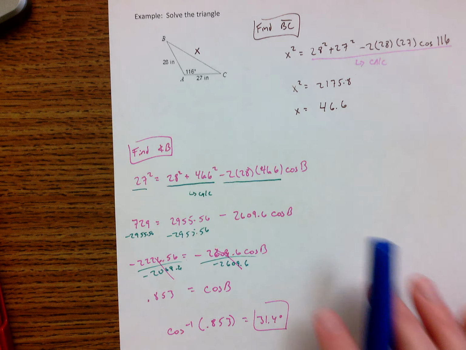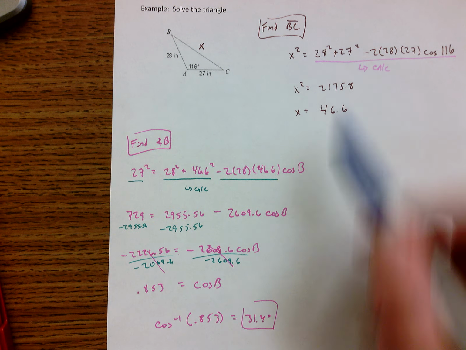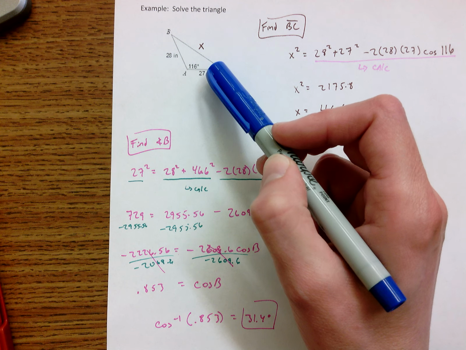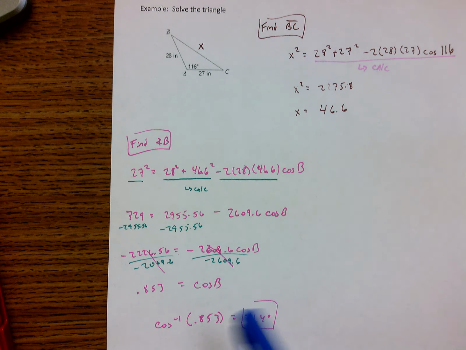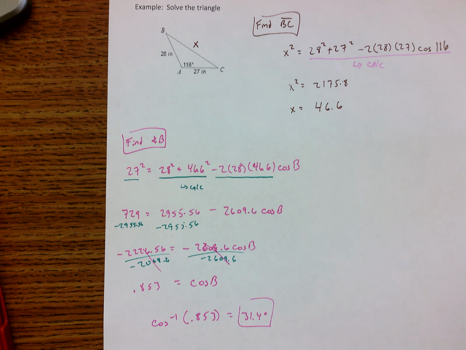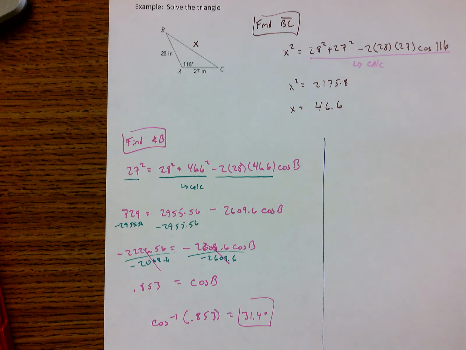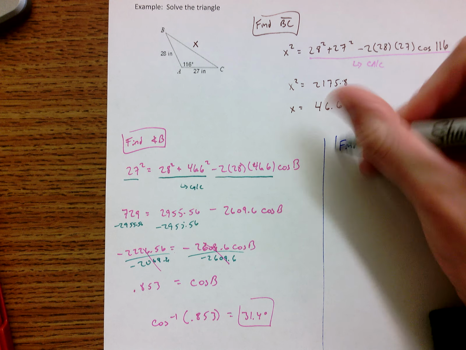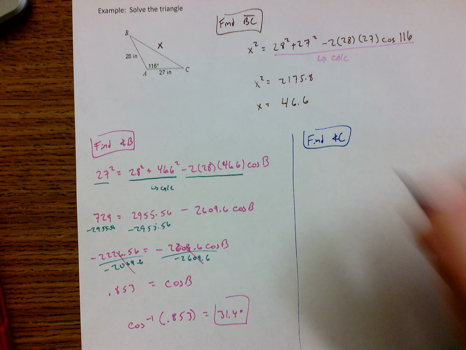So if I were actually doing this problem on a homework assignment, after I found this side, I would switch to a law of sines because I'd have an opposite pair then, okay? But sometimes you're going to have problems where you can't do that and you're going to have to find your angle, okay? So that is your way that you do that. All right, we got one more thing that we need to find, right? We need to find angle C, but luckily we are now in the camp of good things, right?